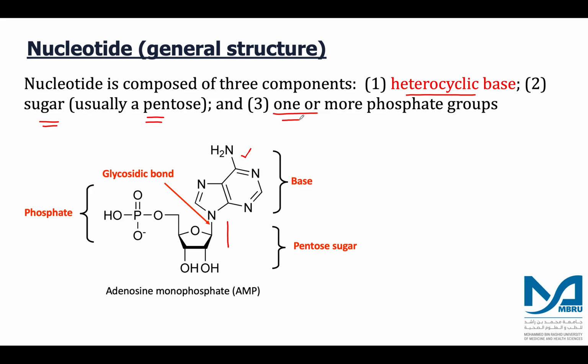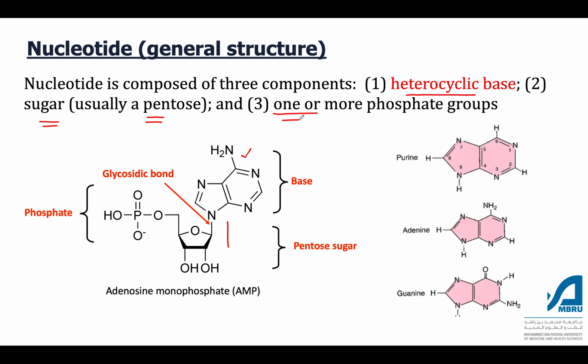Now, a purine nucleotide consists of a heterocyclic purine base, and if I focus on the structure of purines, you will see that this is consisting of a pyrimidine ring, which is this particular part of the purine base, and this particular pyrimidine ring is fused to an imidazole ring.